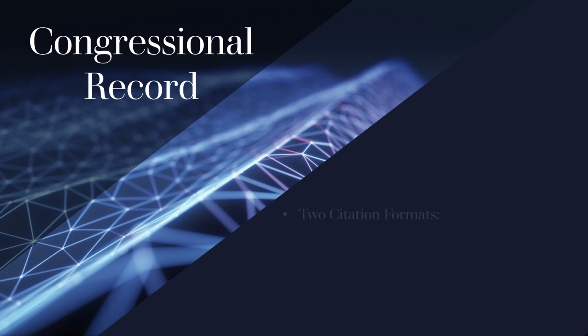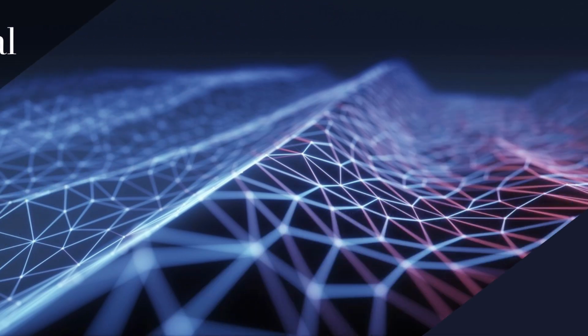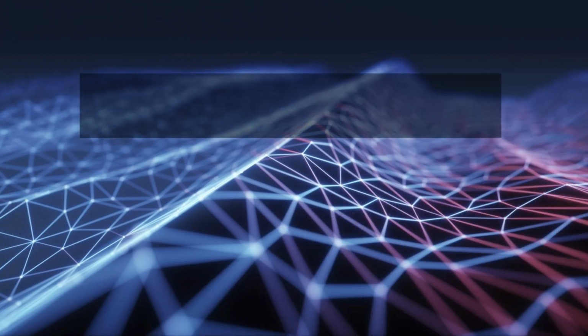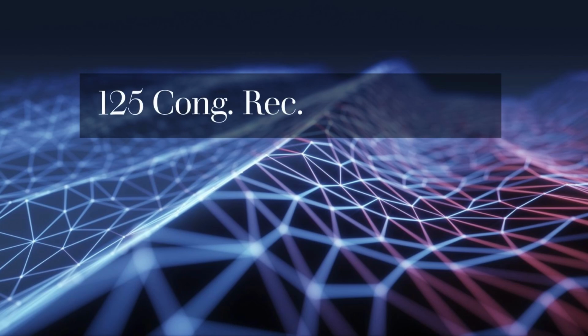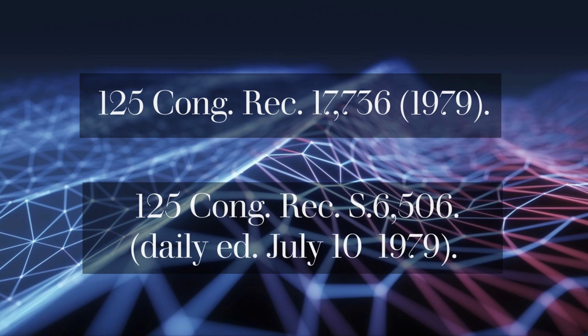The congressional record is cited in two ways, depending on whether you are looking at the bound volumes collecting each day's actions for a session, or the daily edition, where each day's actions are separately printed. The bound edition has the standard Blue Book citation format, that is, volume, title abbreviation, page number, and year. The daily edition is similar, though its page number specifies which chamber it's drawn from, and contains the full date.